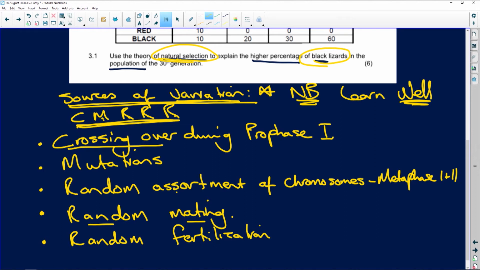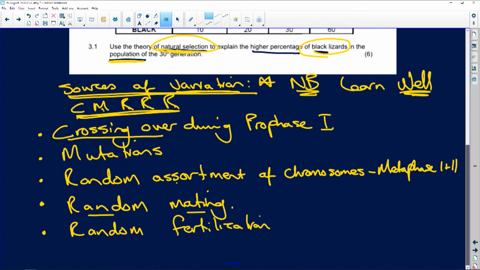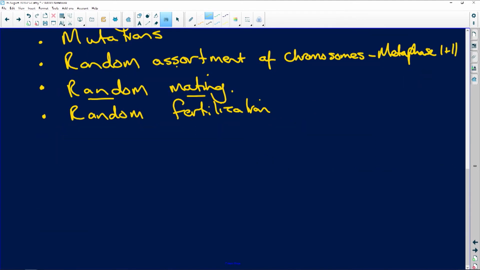The next point that you must know before we go on is population. So what is a population?